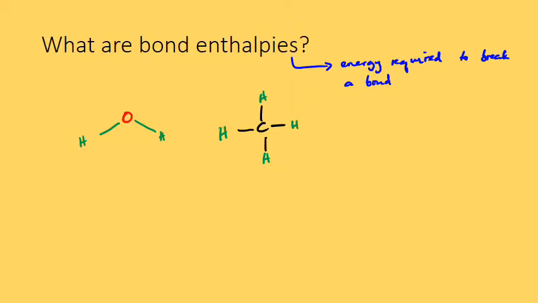One last point before we move on, and that is about breaking bonds and making bonds. Obviously it takes energy to break a bond, so you have to put energy in, and so that's an endothermic process. And bond making, when you've got the individual atoms and they combine to make a product, so you've made new bonds, usually covalent bonds, that gives out energy, and so that's an exothermic process.